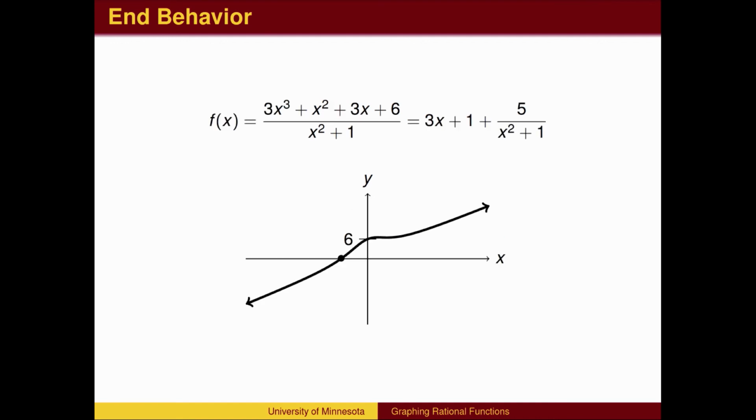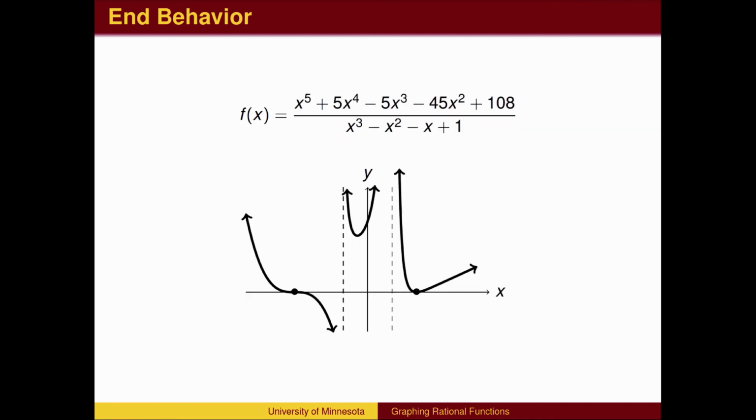In the third case, to the far left and far right, f of x approaches the line 3x plus 1. Our original example looked like y equals x squared to the far left and far right, with some interesting behavior near the y-axis.